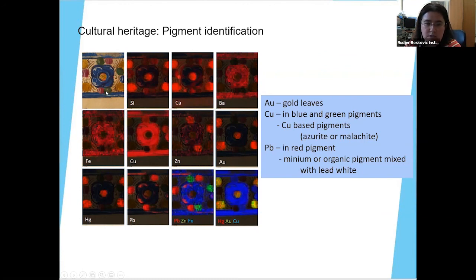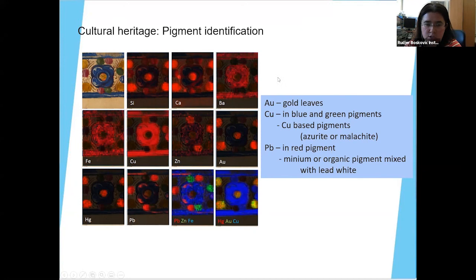In this case, with the single pixel technique, we were not able to determine whether this is minium pigment or some organic pigment that is mixed with lead white. So some additional measurements should be performed with some other technique to distinguish what this red pigment really is.